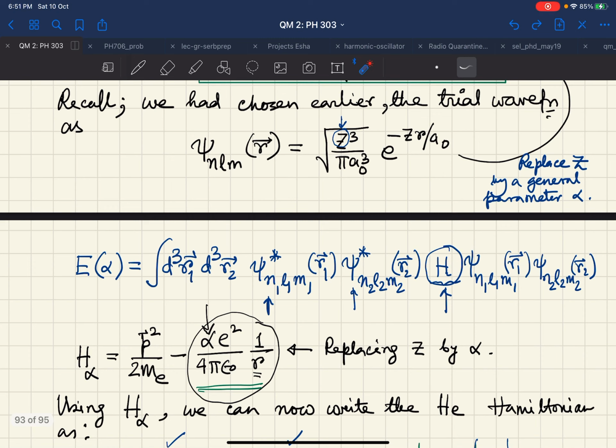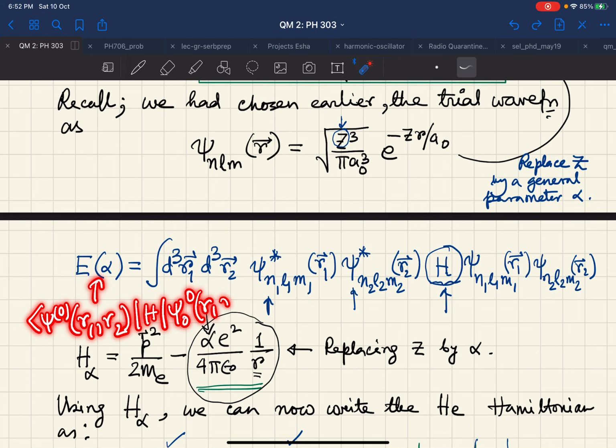So I wrote down d^3r1 d^3r2, psi star n1 l1 m1 (r1) times psi star n2 l2 m2 (r2), and then we have the total Hamiltonian sitting here, then psi n1 l1 m1 (r1) and psi n2 l2 m2 (r2). That is the total expression for the expectation value. So this is nothing but psi 0 (r1, r2), H, psi 0 (r1, r2).